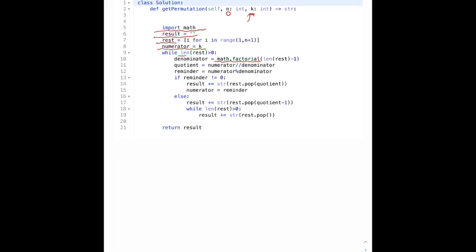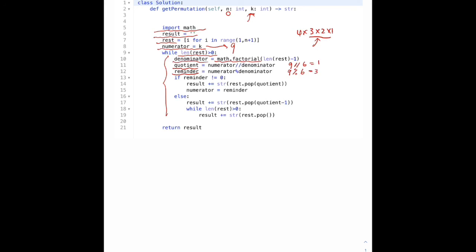As long as the length of the rest list is greater than 0, which means it's not empty, we'll do the whole thing. So first, we know the denominator is the factorial of the length of rest minus 1. So what we do here is we calculate the quotient, and then we calculate the remainder.